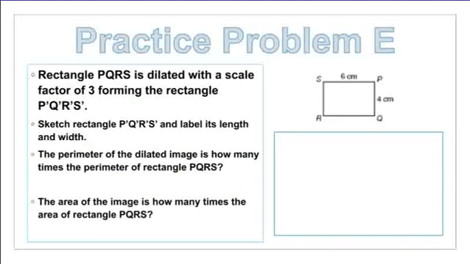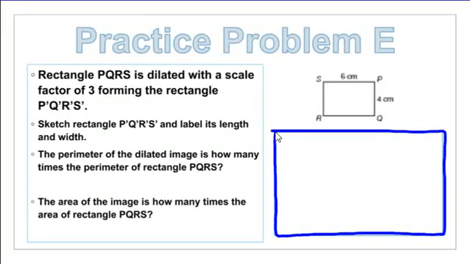And the last problem: rectangle PQRS is dilated with a scale factor of 3, forming rectangle P'Q'R'S'. Sketch the rectangle and label its length and width. The perimeter of the dilated image is how many times the perimeter of rectangle PQRS? And then the area of the image is how many times the area of the rectangle? We'll just use the rectangle that we have here. We'll say this is the dilated rectangle.